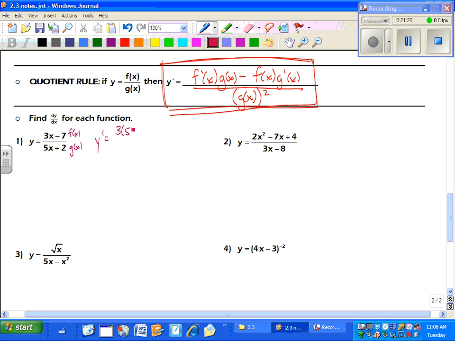Times g of x, the denominator, 5x plus 2, minus the numerator, 3x minus 7, times the derivative of the denominator. So derivative of that, 5. So instead of putting that 5 at the end, I'm going to put it in the front of the parentheses, because that's how we're used to distributing, all over the denominator squared.